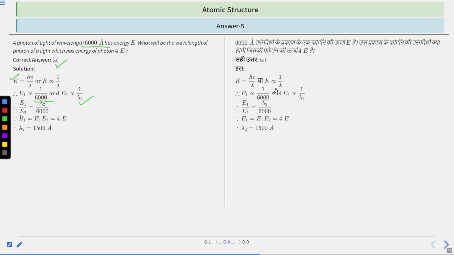If we write the ratio of E1 and E2, E1 divided by E2 will be lambda 2 divided by 6000. You know that E1 is given as E in the question, and E2 is given as 4E. So E by 4E equals lambda 2 by 6000, and you can cancel out the E. Lambda 2 equals 1500 angstrom, right? We have calculated the wavelength for the second photon, and thus option A is the correct answer.